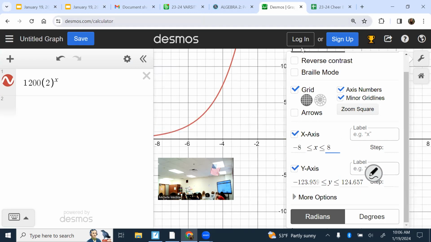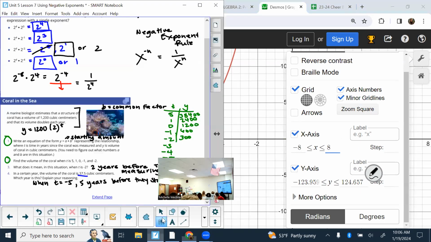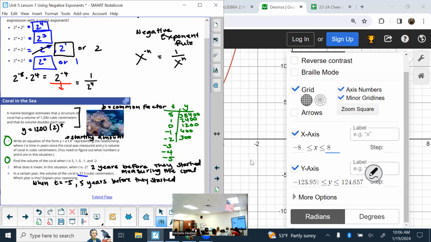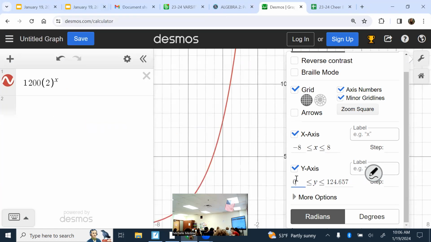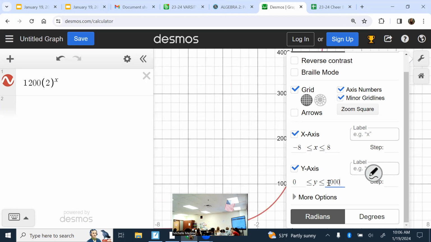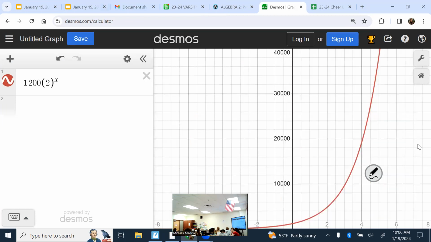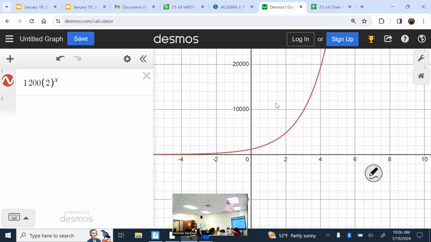For the Y's, they went from 38,400 down to 37.5, so somewhere close to that. I can make the lower threshold 0, the upper threshold higher than my biggest value. And now when I look at the graph, I can actually read it.